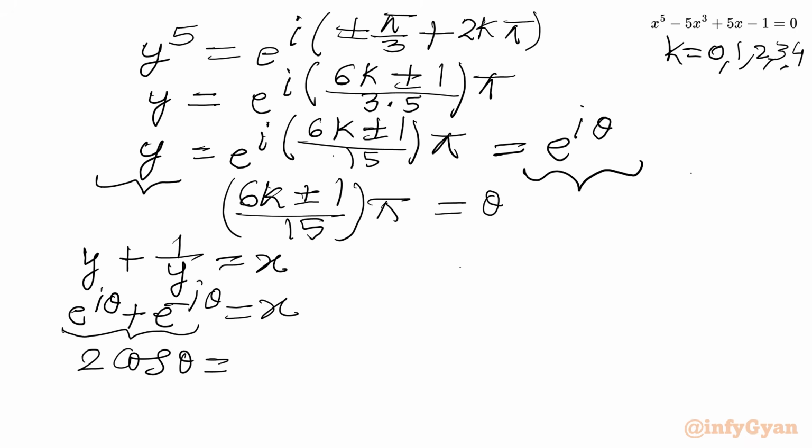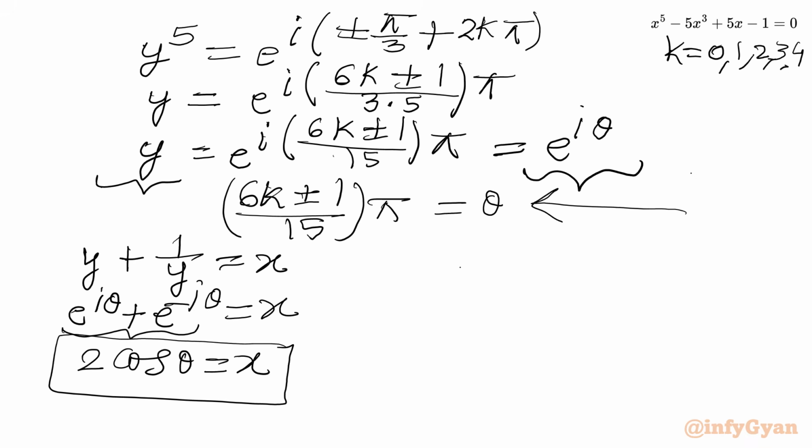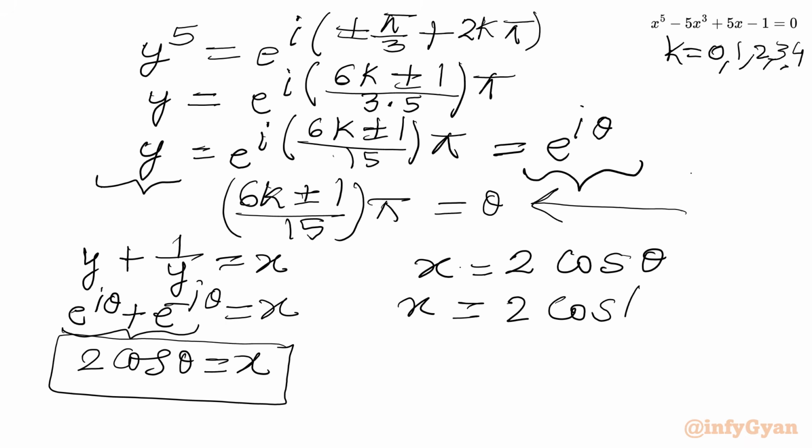So we can write x will be equal to 2 cos theta, where theta is (6k plus minus 1) over 15 times pi. So x equal to 2 cos of (6k plus minus 1) over 15 times pi.